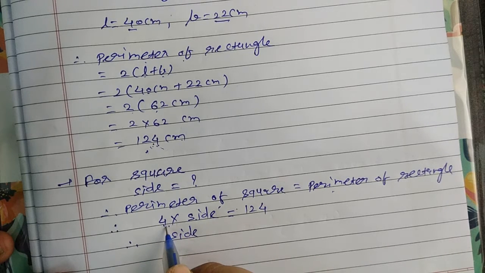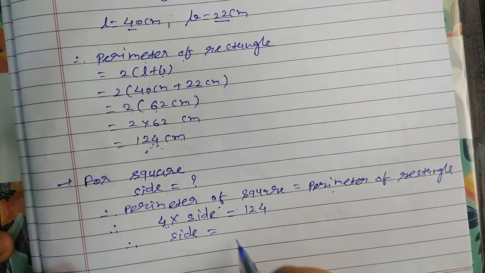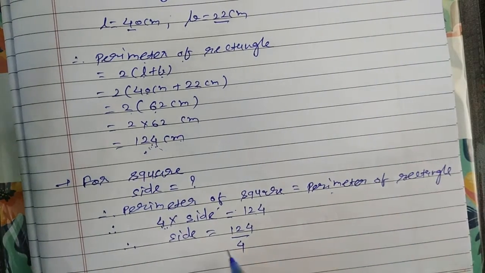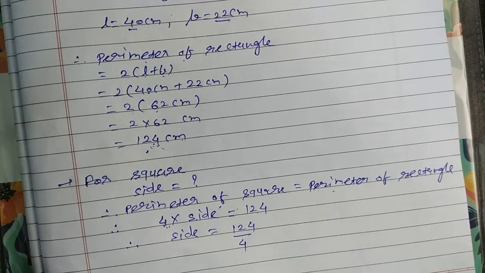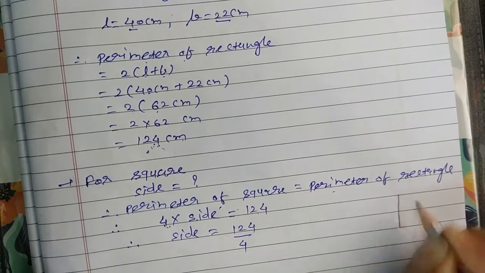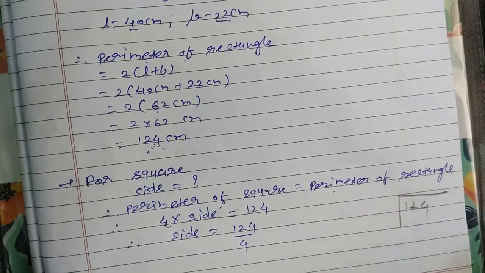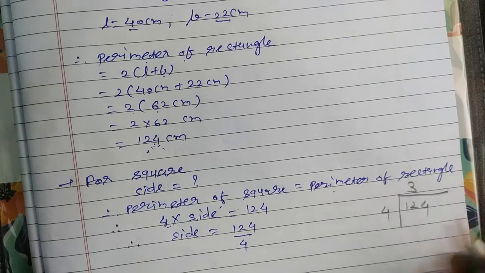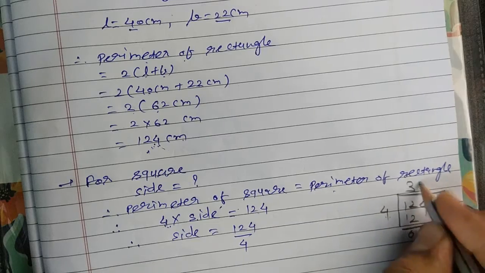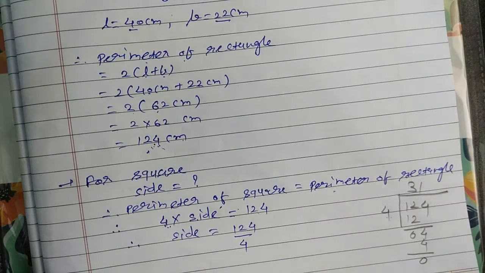On the left hand side, when we divide by 4, the 4 is removed, and on the right hand side 124 by 4 will come. 4 3s are 12, 0 remainder, then 4 1s are 4, remainder 0. So our quotient is 31.